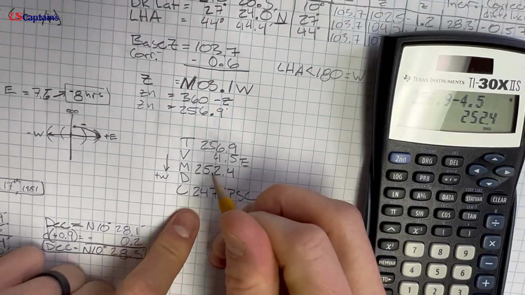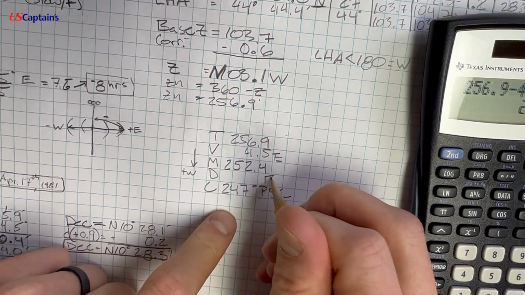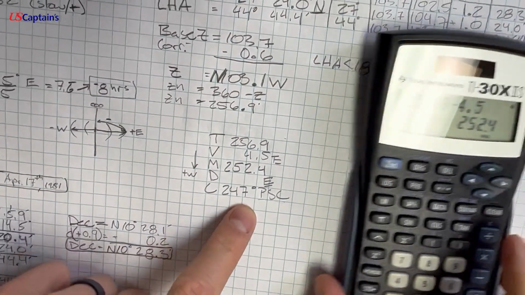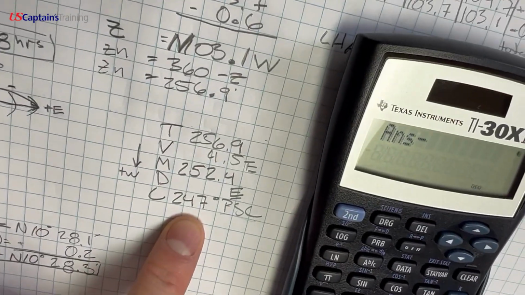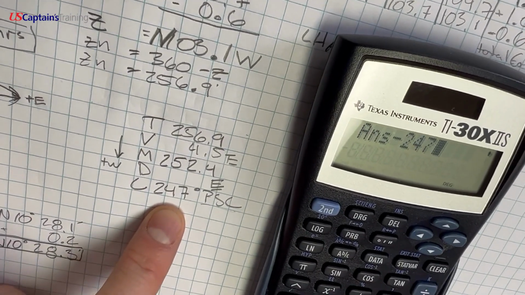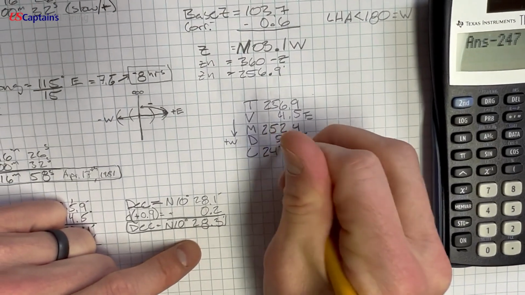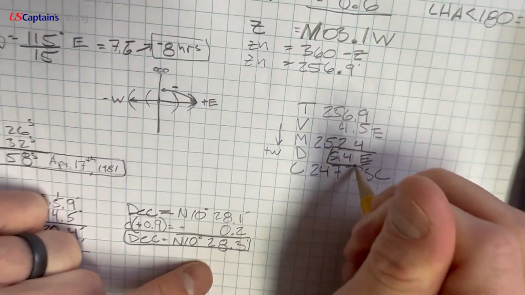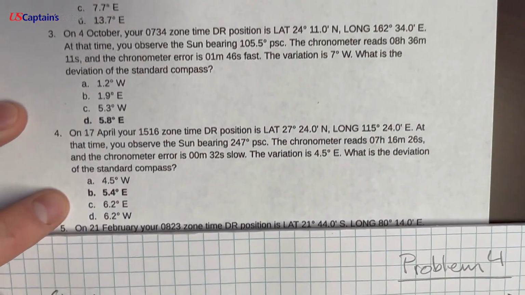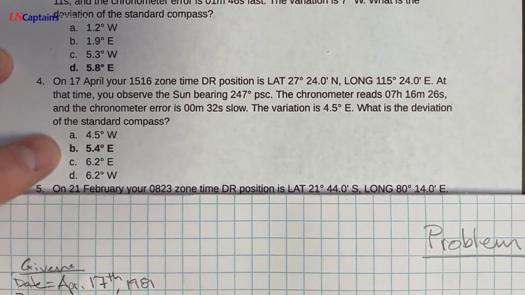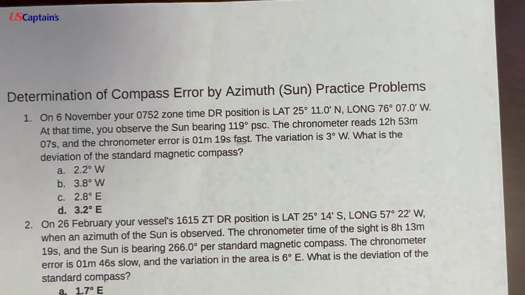And now from 252 to 247, it's less, so we know it's east. 252.4 minus 247 equals 5.4 east. That's what we were coming here for. 5.4 east. Let's check the problem. And there we are, B, 5.4 east. And that is the answer to practice problem 4.